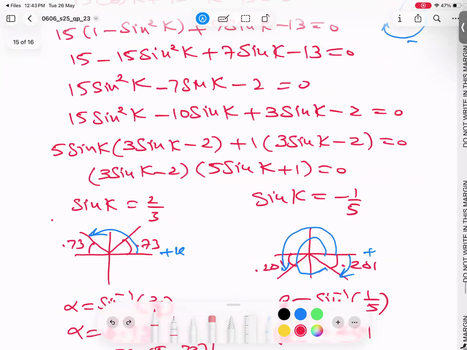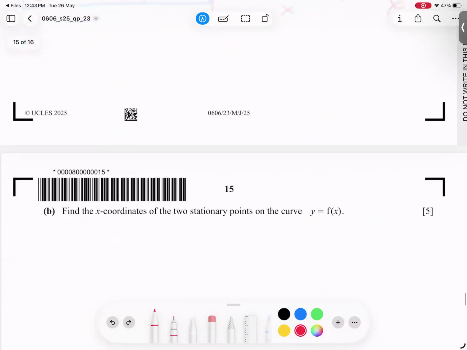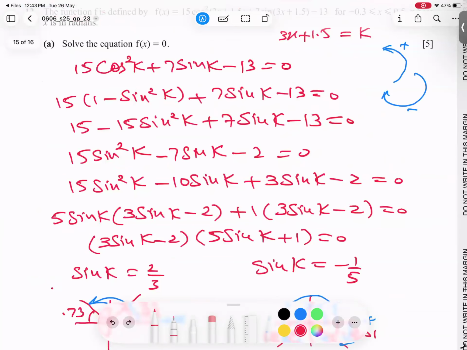Now, students, we have to solve once again, because he said to read the statement. He said find x values, two stationary points. So stationary points means I will take the equation once again from the top.